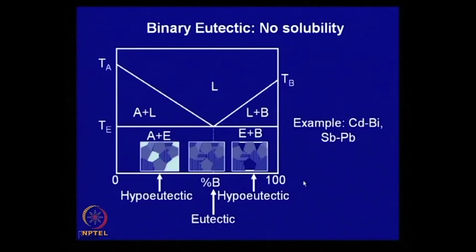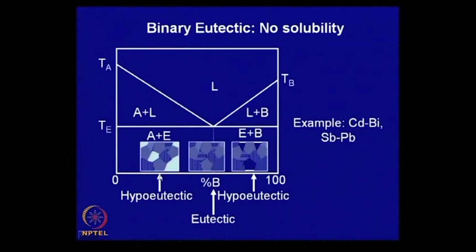Now, it is also possible to have one extreme case where the solids are totally immiscible, like here. This is a diagram of a binary eutectic where there is no solubility in the solid state. There are clear examples like cadmium-bismuth and antimony-lead, which exhibit this kind of phase diagram, and here the eutectic will be an intimate mixture.